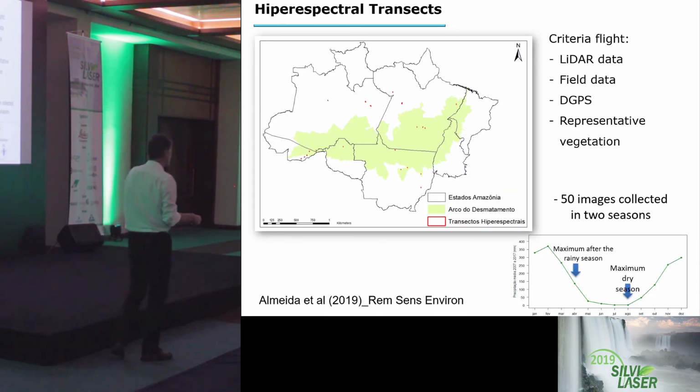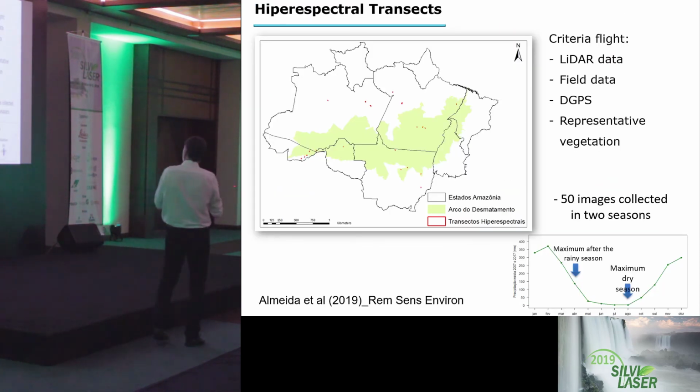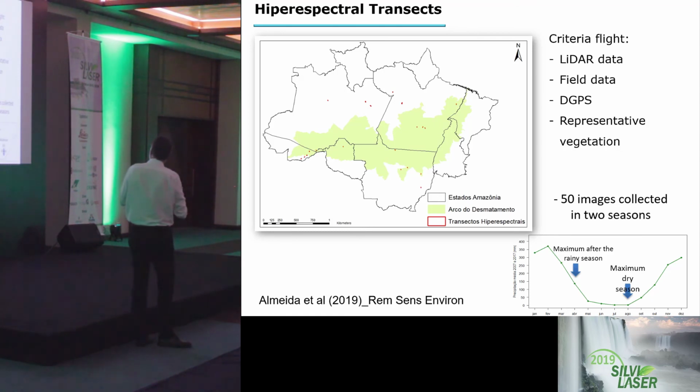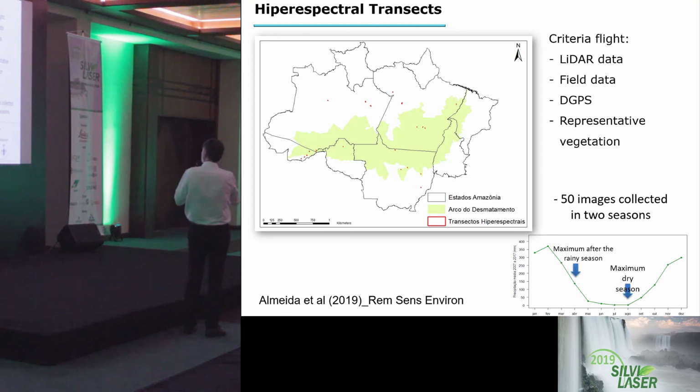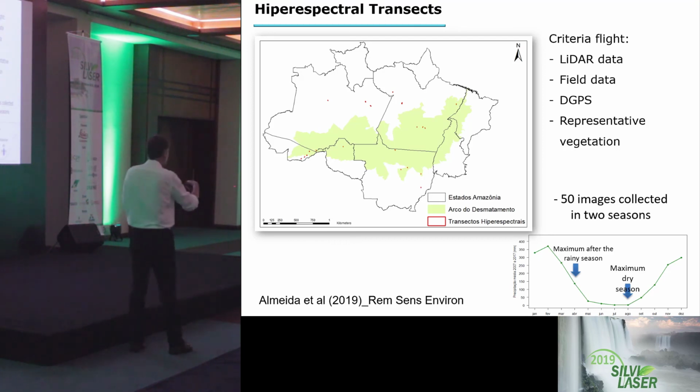We also had some hyperspectral flights, and the requirement for that was that we flew over regions where we had LiDAR data, field data, and GPS, and a representative vegetation for that specific region.